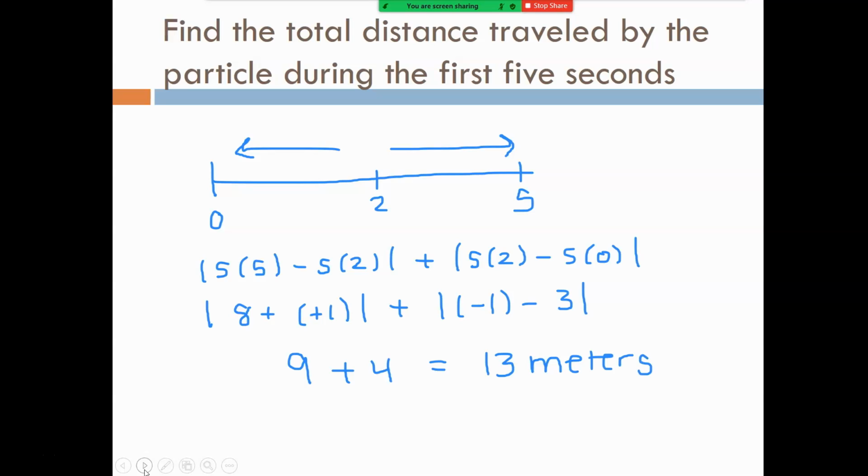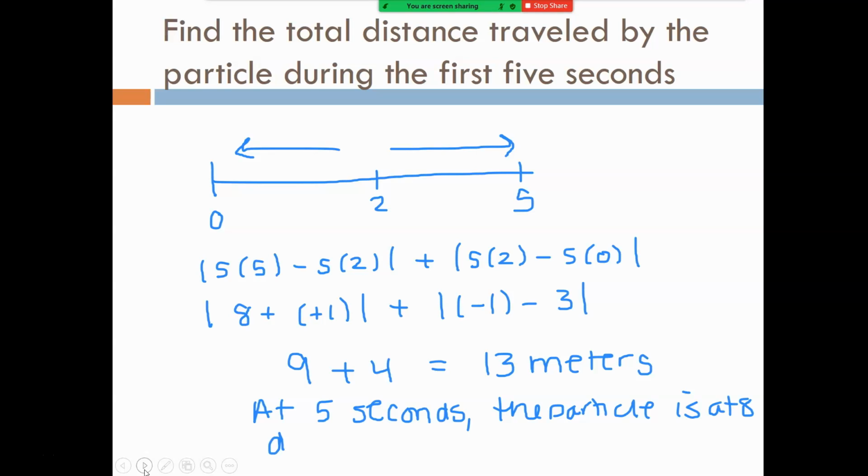Even though at 5 seconds the particle is at 8, our displacement would be S of 5 minus S of 0, which would be 8 minus 3.